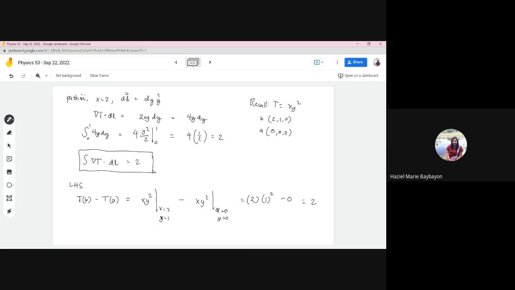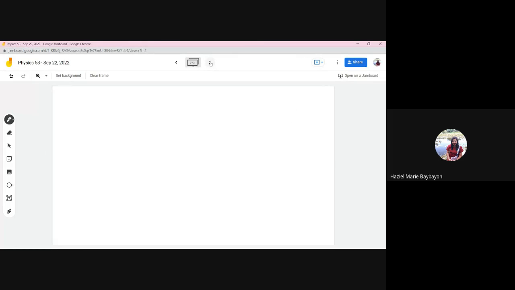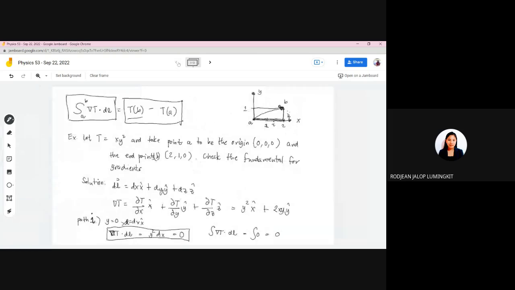Do you have questions? Yes, ma'am, about the gradient of T in the first part, how did you get the y squared? Okay, we evaluated it, say for example, our scalar function xy squared.